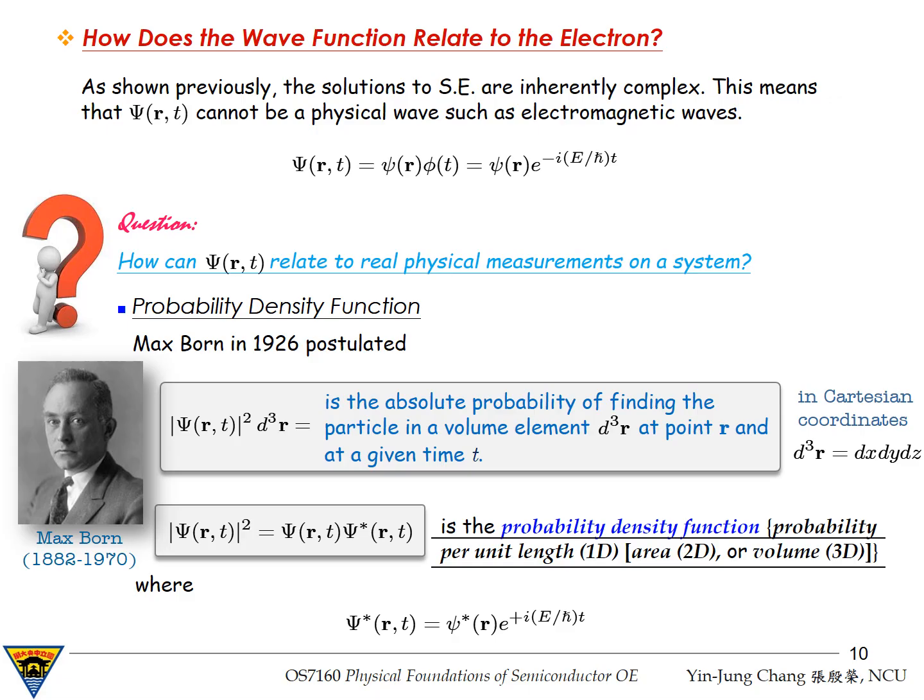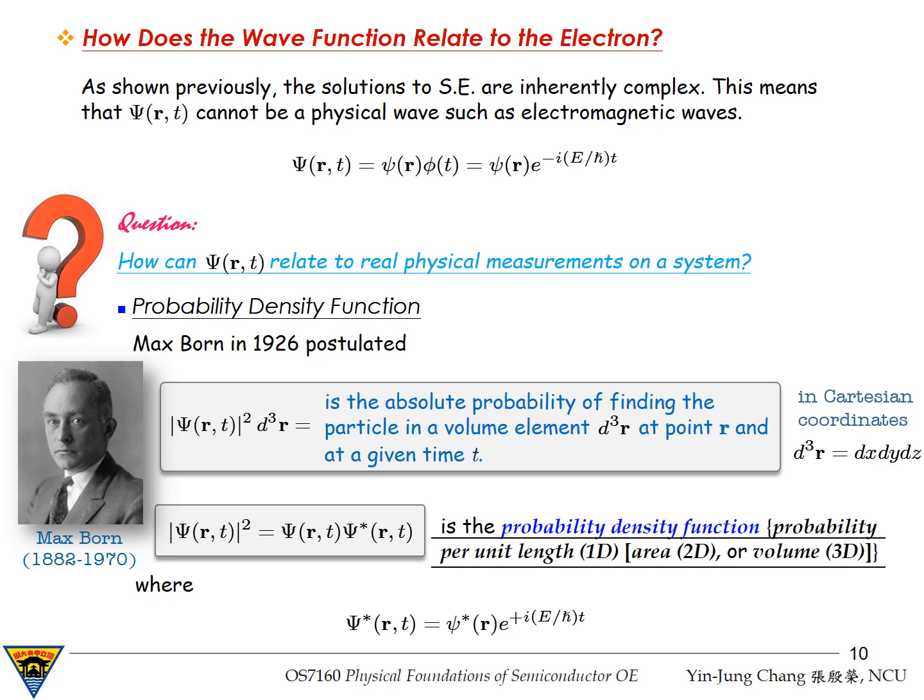So when we write the expression shown here, the square magnitude of the wave function times the differential volume, we are referring to the probability of finding the particle inside a tiny rectangular volume element in Cartesian coordinates.